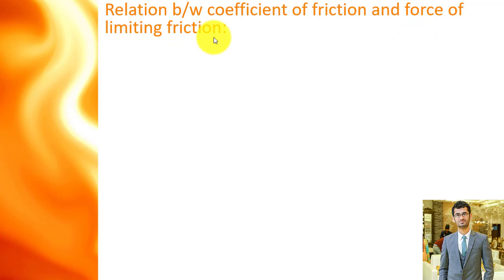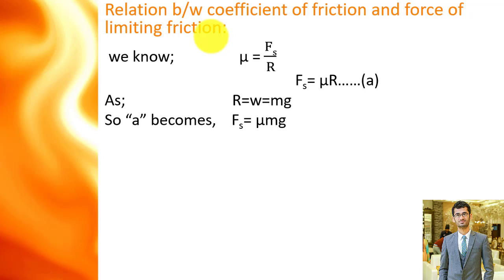Dear students, in the topic of friction, we have read in detail the relationship between the coefficient of friction, that is mentioned by mu, force of limiting friction, that is mentioned by Fs, and the normal reaction, capital R. We know that the formula is given as mu = Fs / R, and by rearranging we get formula Fs = mu R. Say this is equation A.